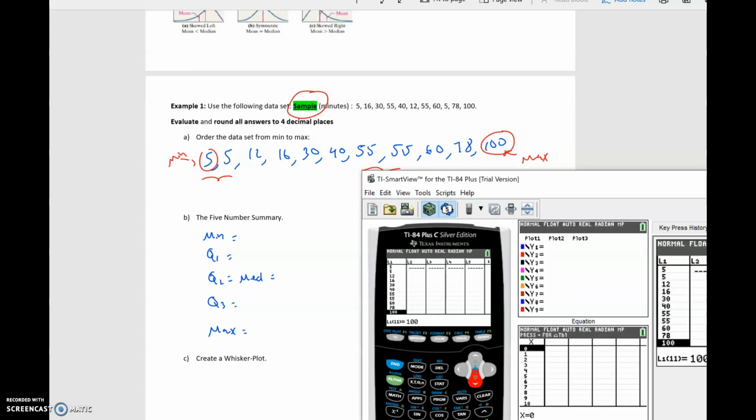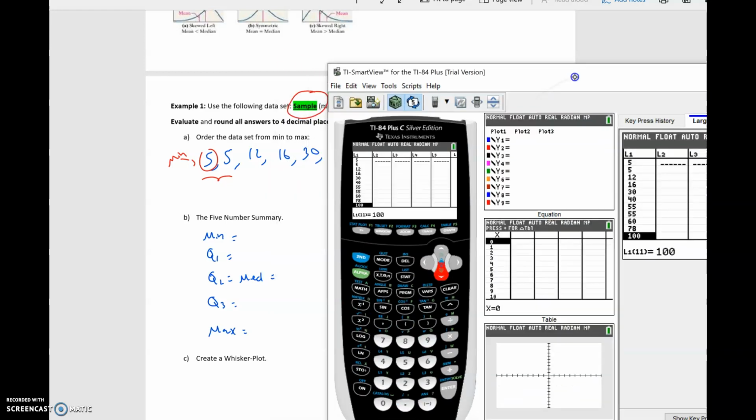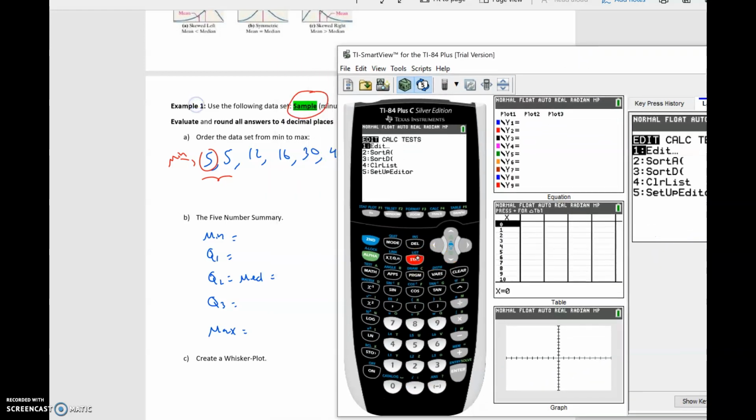To obtain these values, you can just do a one variable stats, run it, and it gives them to you. Please evaluate a one variable stats and double check that you're matching.